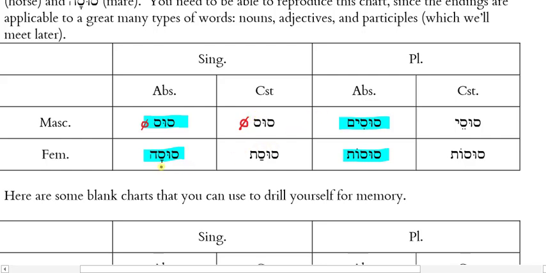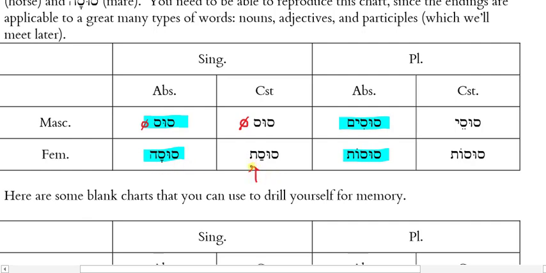Look at the feminine singular, though. Susa is mare, but if I want to say something like the mare of David, or David's mare, susa becomes susat. You see that patach tav has replaced the kamatz. Remember how I told you that kamatz is the most common feminine singular ending, but what's the second most common? A final tav. You see this final tav right here.